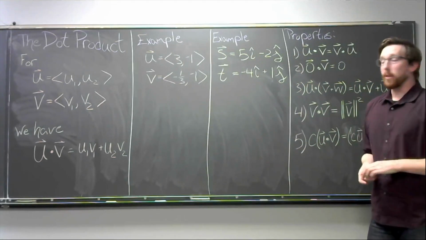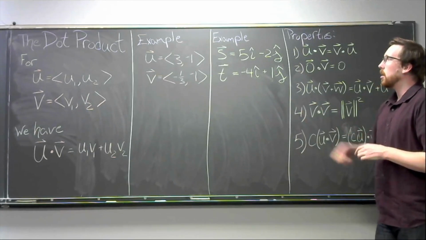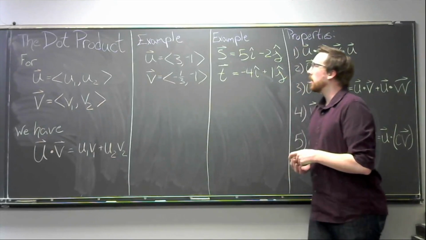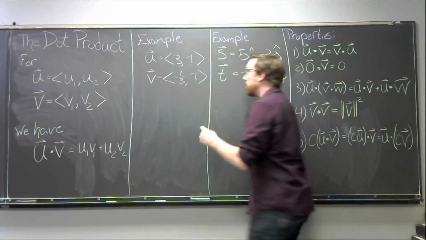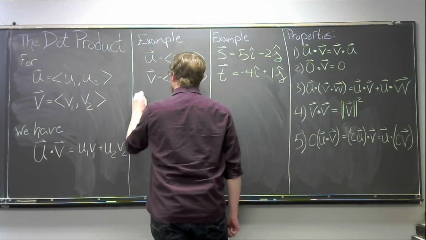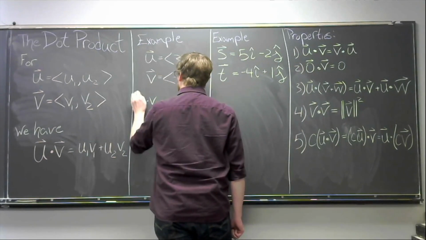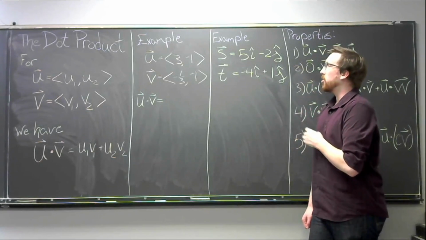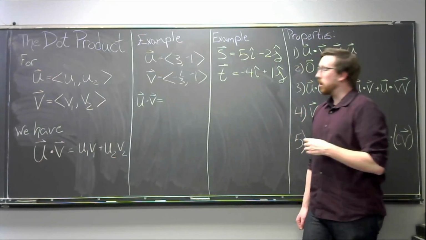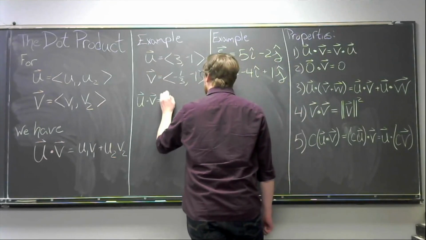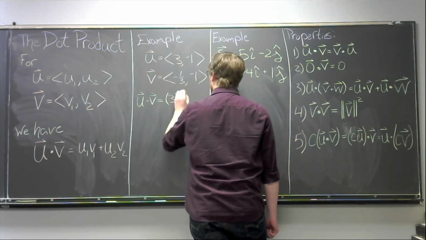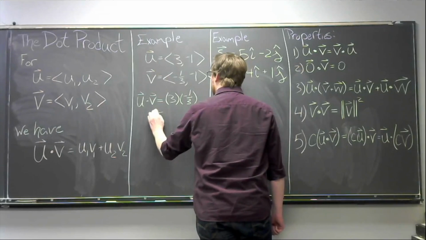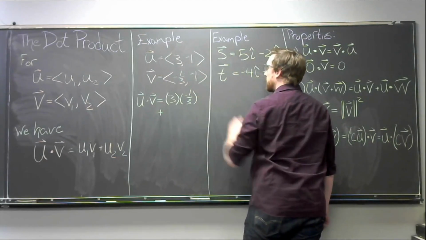So as an example of this, we've got these two examples up here. Let's look at this first one. Well, we want to take u dot v. Well, this is going to be 3 times negative 1/3 plus negative 1 times negative 1.